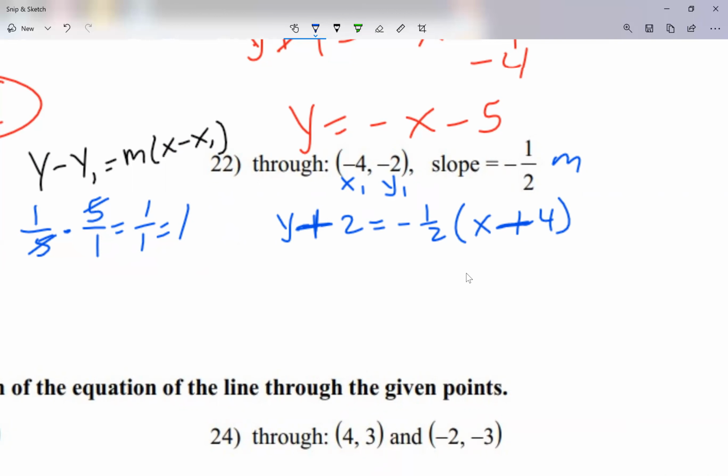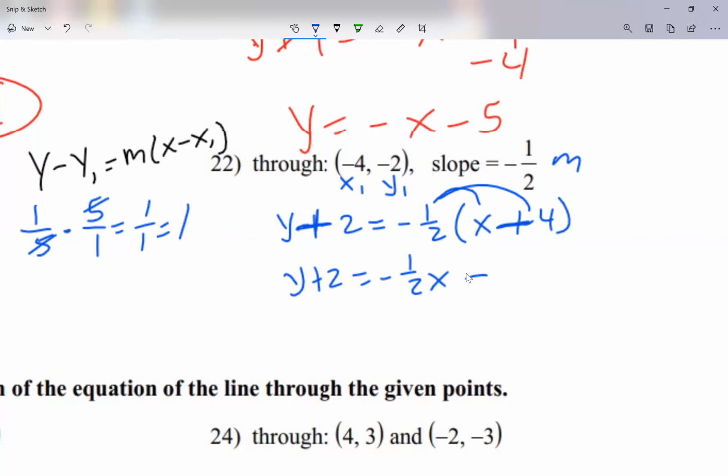Okay, so let me get rid of parentheses. So I have y plus 2 equals, when I distribute this, is -1/2 x. Okay, now when I distribute here, I know negative times a positive is going to be negative. I need to find out what's 1/2 times 4. Let me do that here at the side. 1/2 times 4/1.